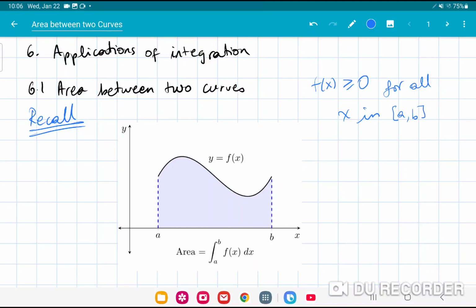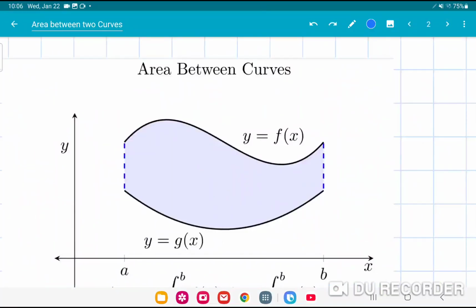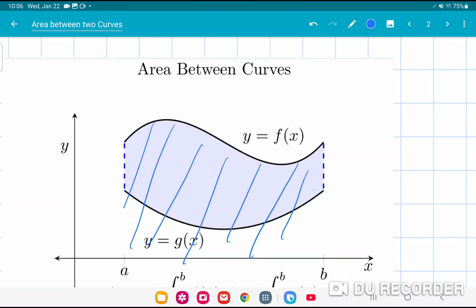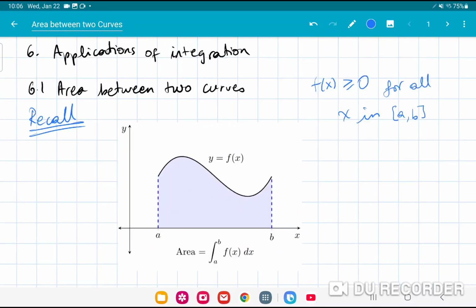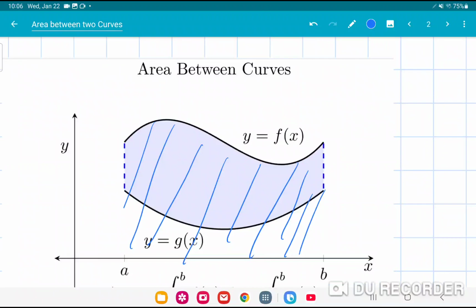Now, considering our situation here, we have two functions. Let's suppose that these two functions are both above the x-axis. So to calculate the area between these two, what we can do is find the area under the graph of the function f using this formula, and then find the area under the function g, again using the same formula.